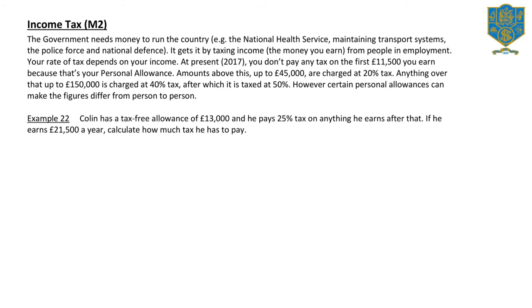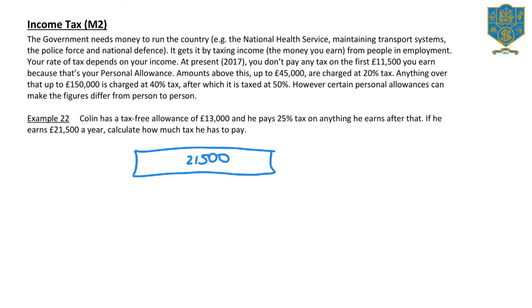So in this example, Colin has a tax-free allowance of £13,000. He pays 25% in tax on anything he earns after that. If he earns £21,500, calculate how much tax he pays. So I'm going to represent his £21,500 as a rectangle. So that's his full pay.